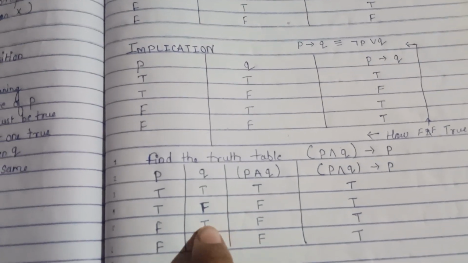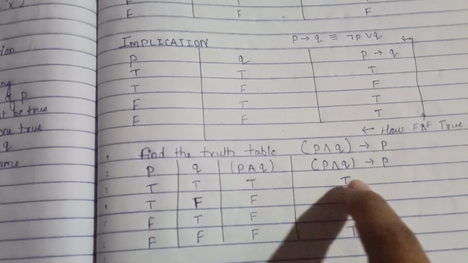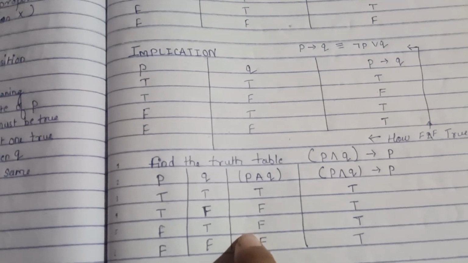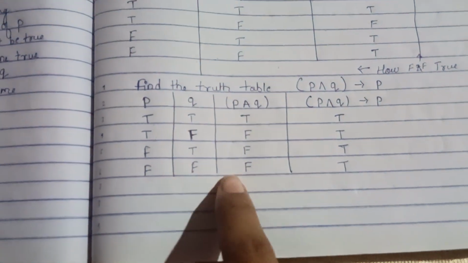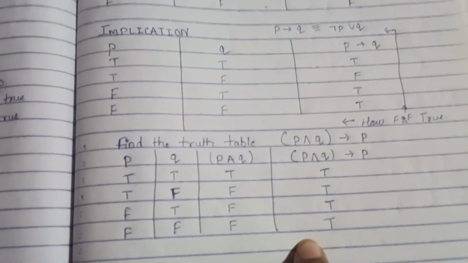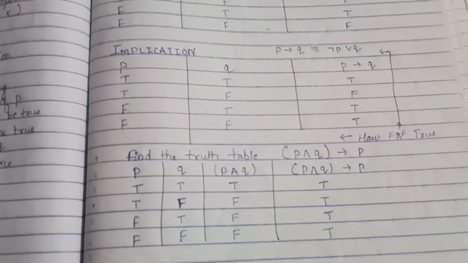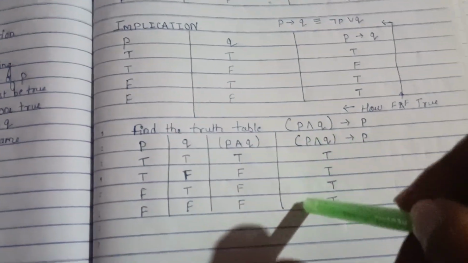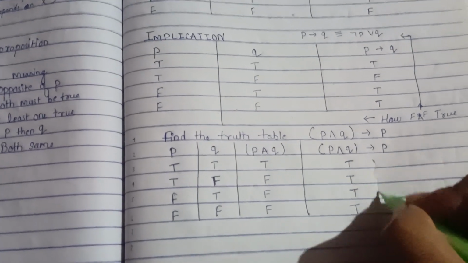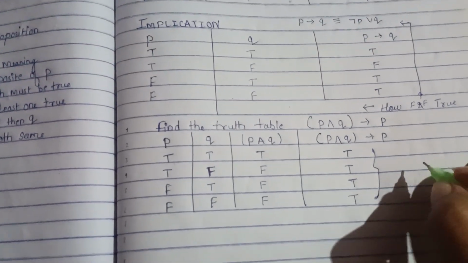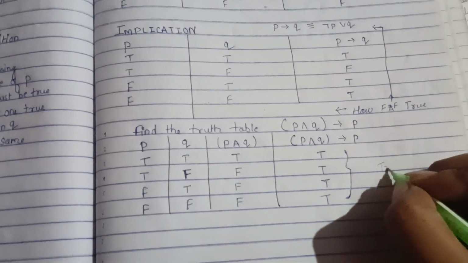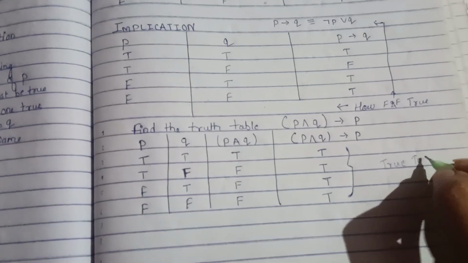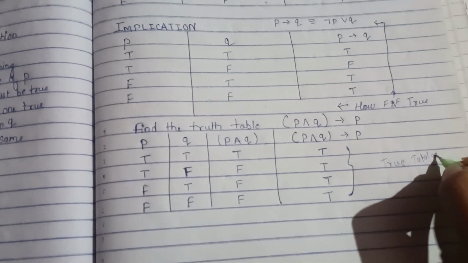And false, true becomes true once again, and false, false becomes true, as we remember. And once we get all true in the result, it's called a tautology.